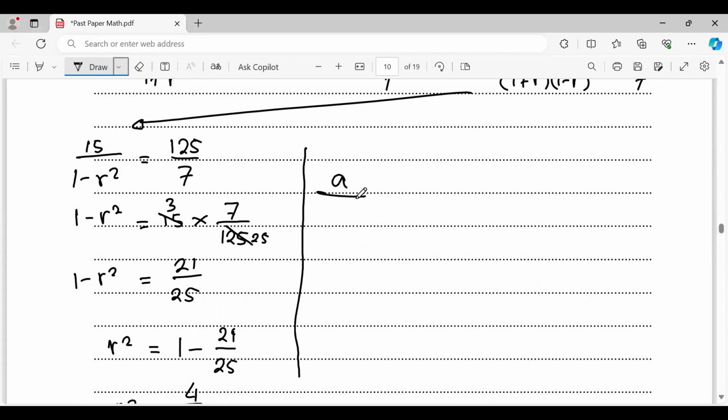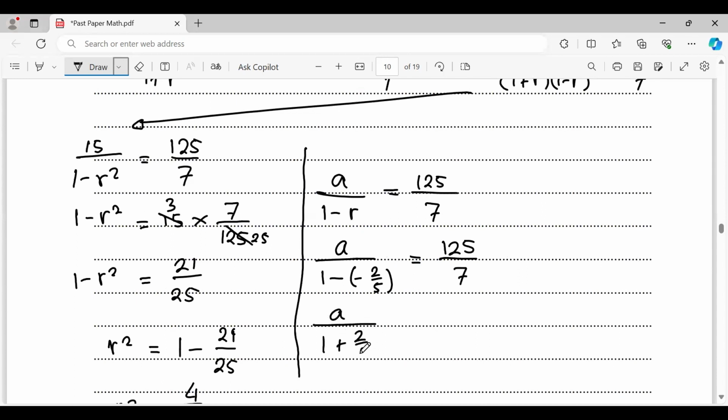So A over 1 minus R equals 125 over 7. So A over 1 minus 2/5 equals 125 over 7. A over 1 plus 2/5 equals 125 over 7.